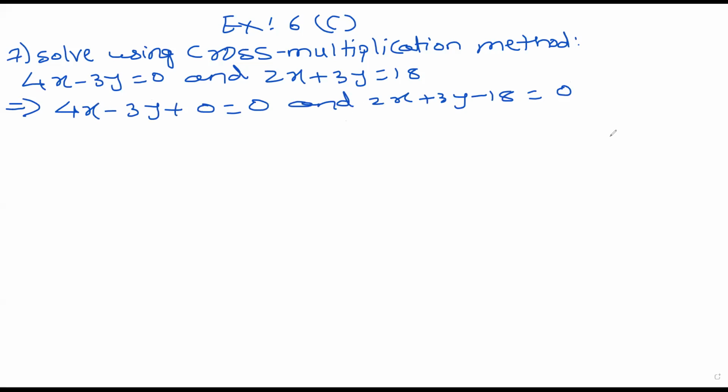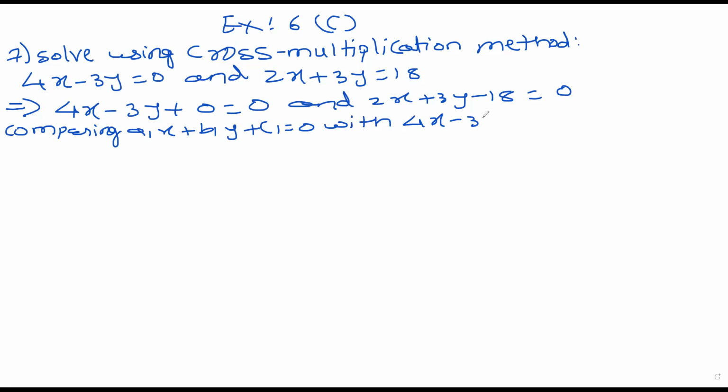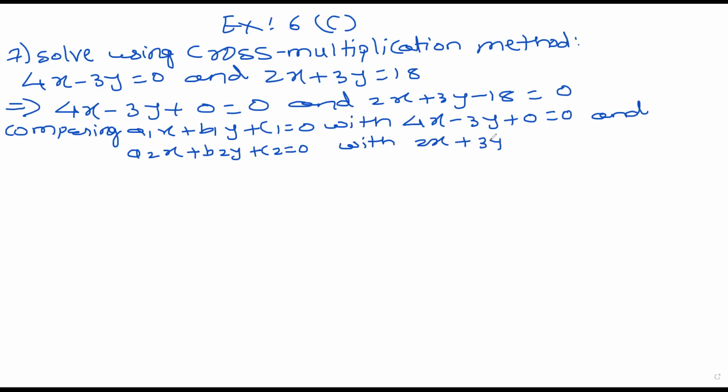All right then. So if you have this, then we will say comparing a1x plus b1y plus c1 is equal to 0 with 4x minus 3y plus 0 equal to 0, and a2x plus b2y plus c2 is equal to 0 with 2x plus 3y minus 18 is equal to 0.